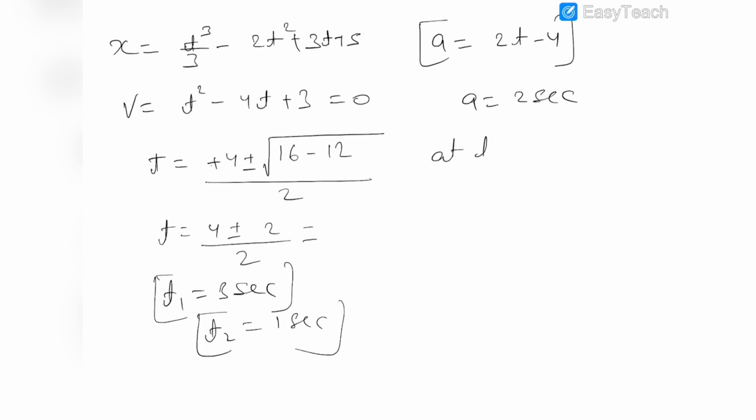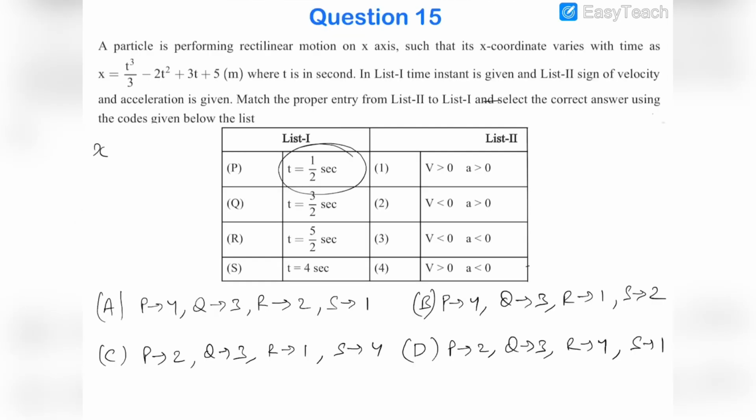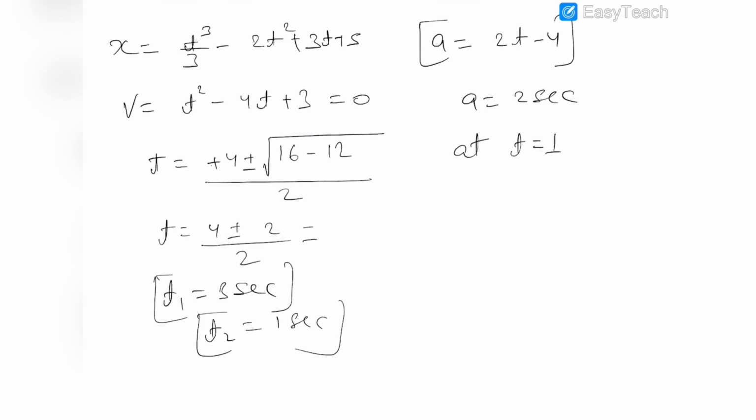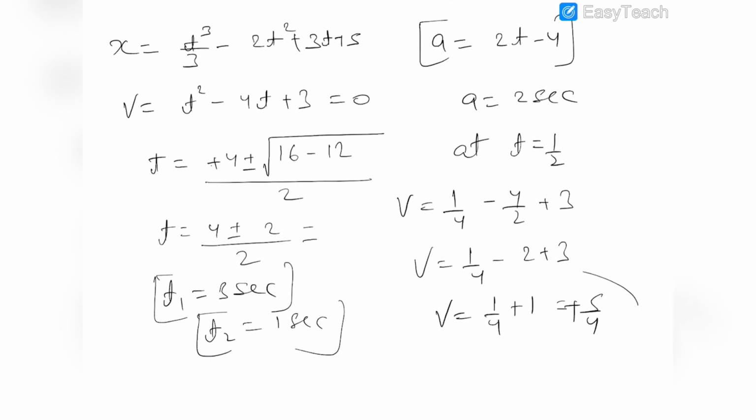We can directly find out at t is equal to half second, t is equal to 1 by 2, v is equal to 1 by 4 minus 4 by 2 plus 3. So v is equal to 1 by 4 minus 2 plus 3. So v is equal to 1 by 4 minus 1, in fact plus 1.